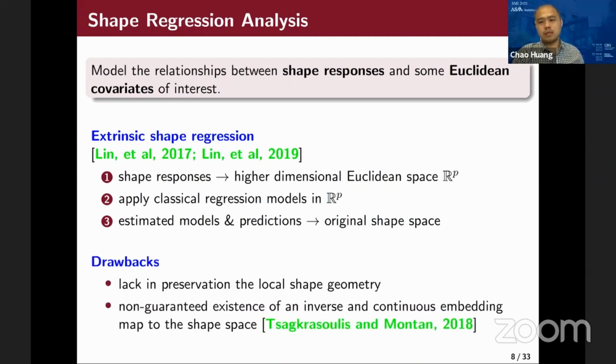However, there are some drawbacks. First, if we do all the regression analysis on the embedding space, we lack preservation of the local shape geometry. Second, the existence of an inverse and continuous embedding map to the shape space is not always guaranteed.